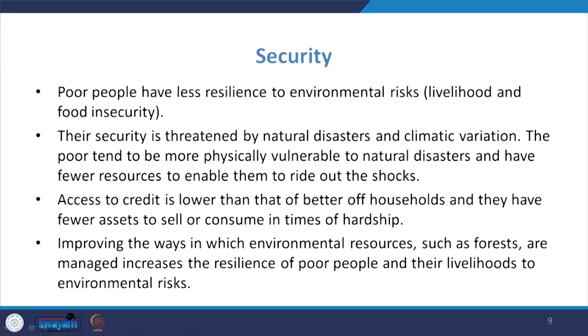Improving the way in which environmental resources such as forests are managed increases the resilience of poor people and their livelihood to environmental risk.